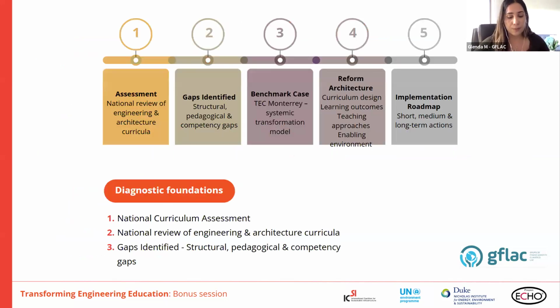We can continue, please. And this slide illustrates the pathway. We begin with the national curriculum assessment to understand how engineering and architecture programs currently integrate sustainability or do not integrate sustainability. From there, we identify the structural and competency gaps, and we then benchmark against a systemic transformation case, the TEC 21.